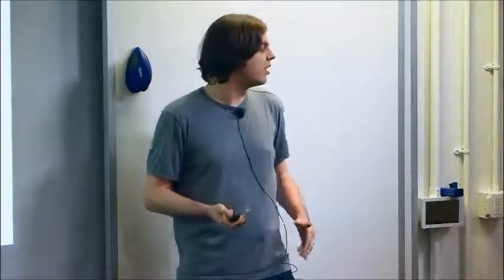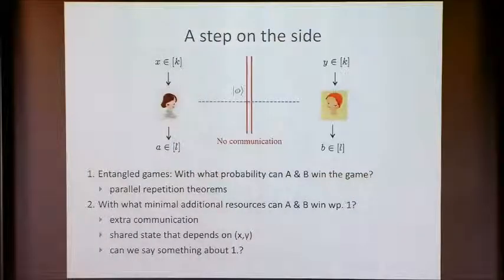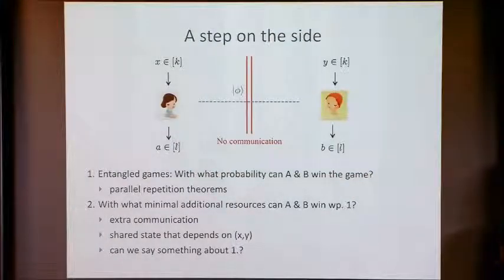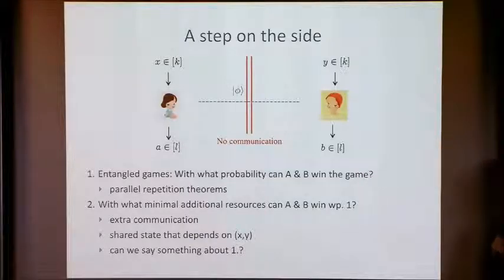For example, you could allow them to communicate. Or, more generally, you could allow the state they share to depend on x and y. We'll be interested in this second question, but in the end, since I'm talking about parallel repetition, how answering this question helps us understand the first question, the probability that they can win those games.